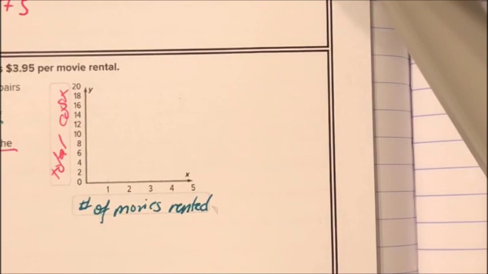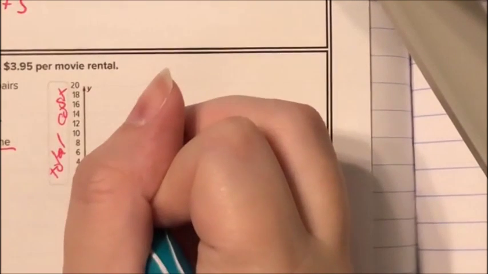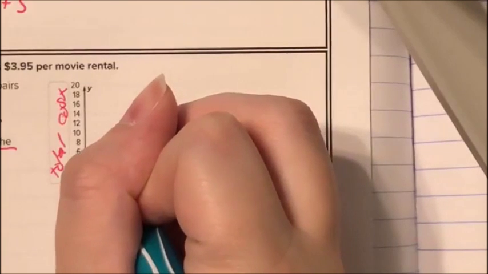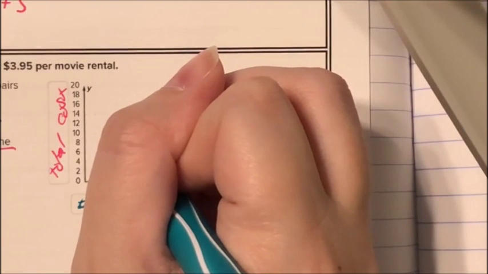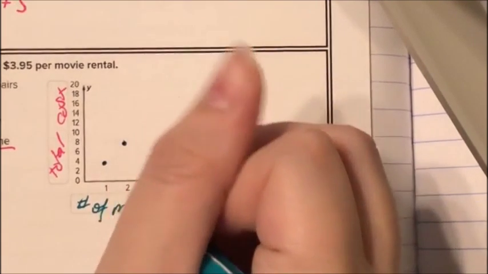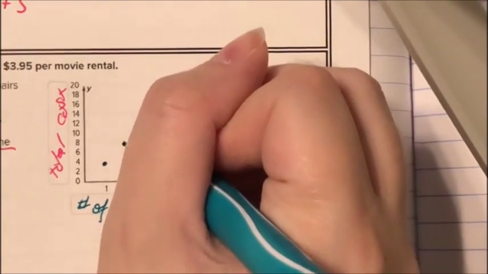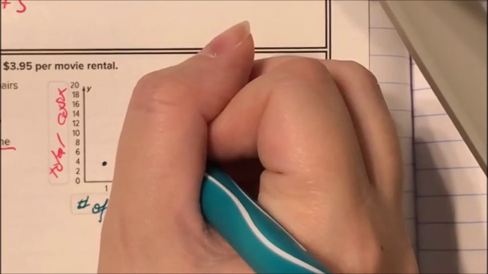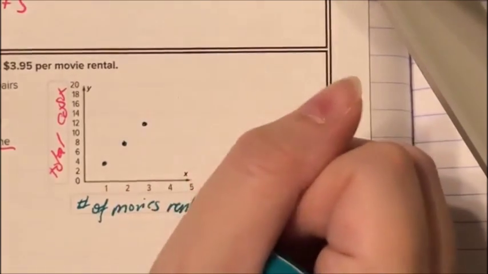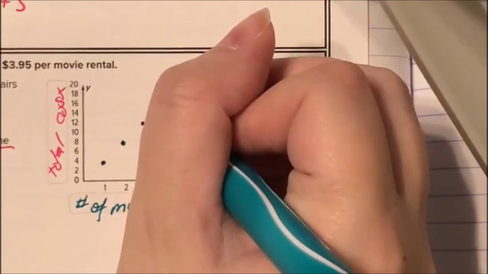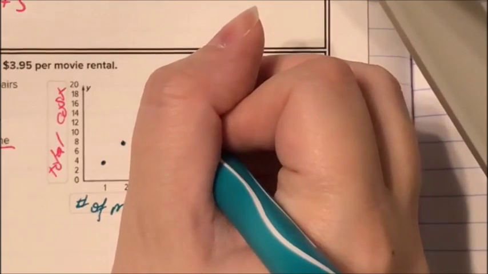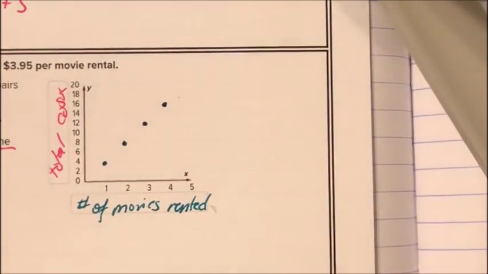Okay, so I have 1, $3.95, 2, $7.90, 3, $11.85, 4, $15.80. You can see that this is a linear relationship. They are going in a line. And that is the end of lesson 2.